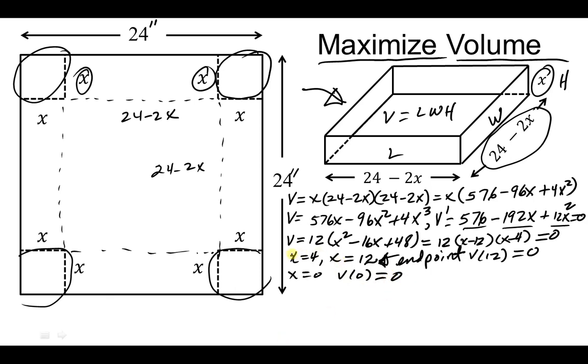So we need to check the other critical value, which is x equals 4. And the volume at x equals 4 is just 4 times 16 times 16 equals 1024 cubic inches.